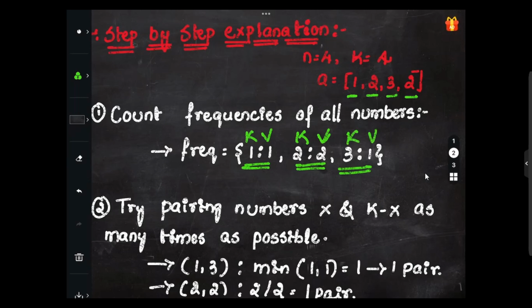Don't get confused here. The next part is we will try pairing the numbers x and k minus x as many times as possible.